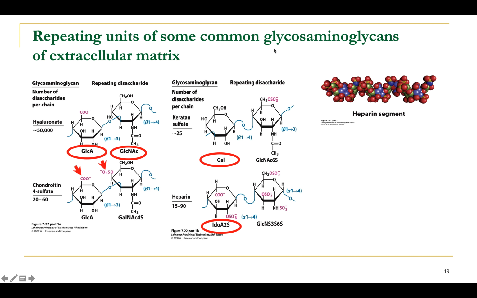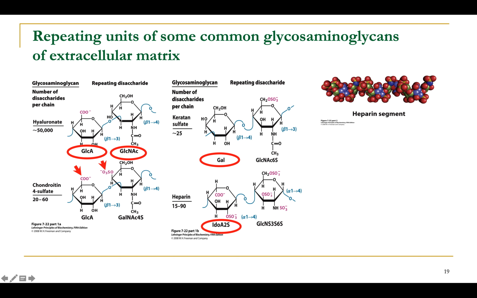An example of polysaccharides with mechanical support function in our body are glycosaminoglycans, which are principal components of extracellular matrix in our tissues.